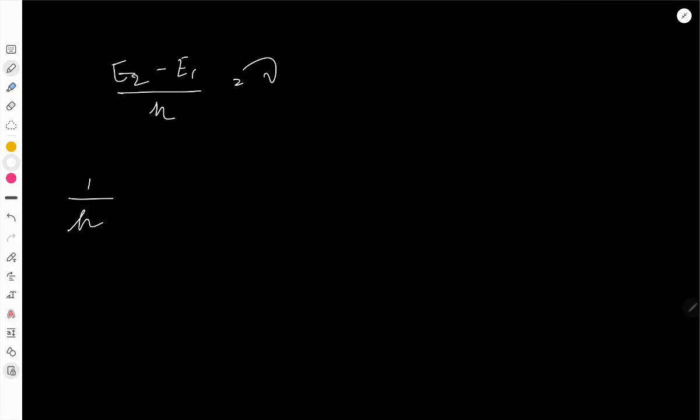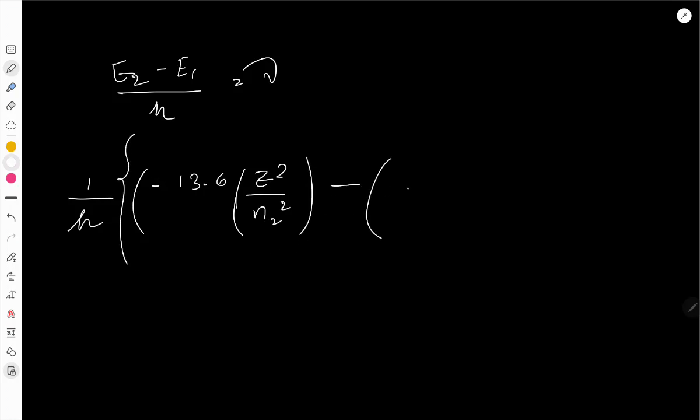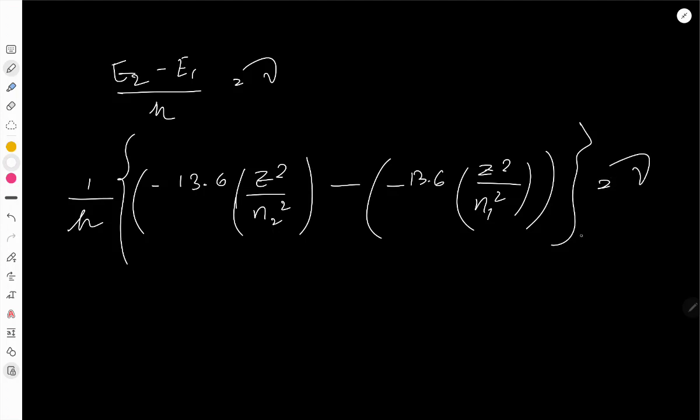Yes, so now let us put in the values. 1 by h, E2, that is minus 13.6 Z square upon n2 square, minus E1, that is minus 13.6 Z square upon n1 square, is equal to nu.